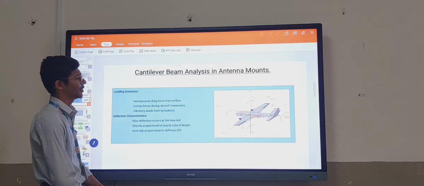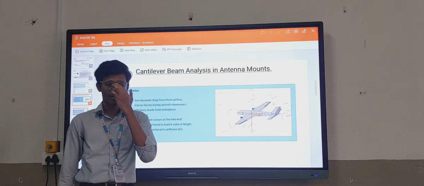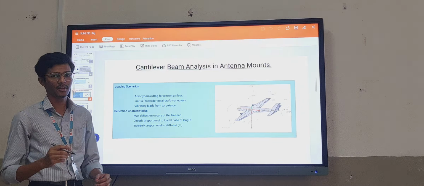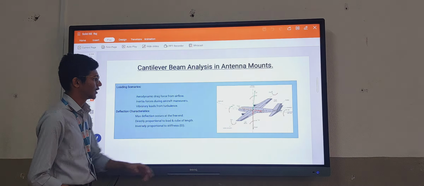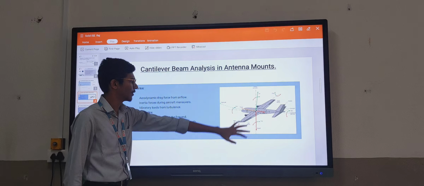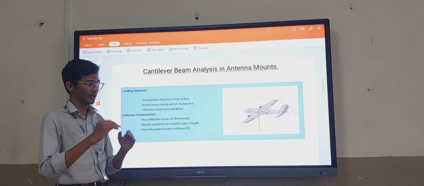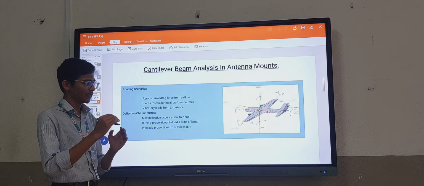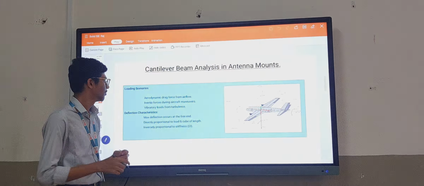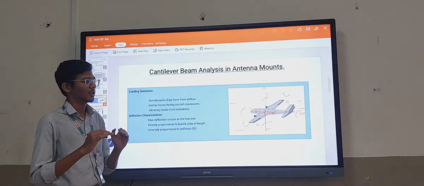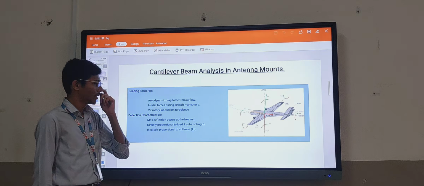For the cantilever beam analysis of the antenna, there is movement at the free end. Here we can understand with the figure. The load scenario is aerodynamic drag, the force of the airflow, which affects the inertial force while the aircraft is moving in the air.